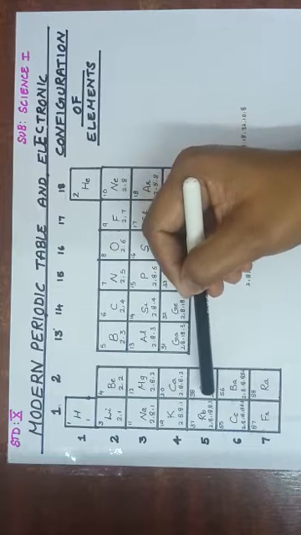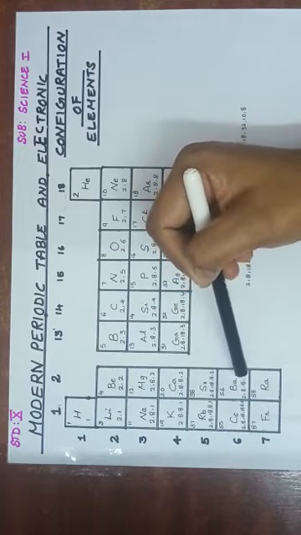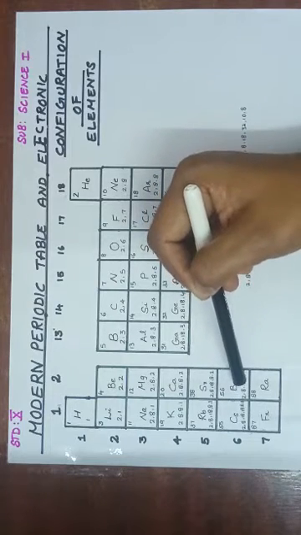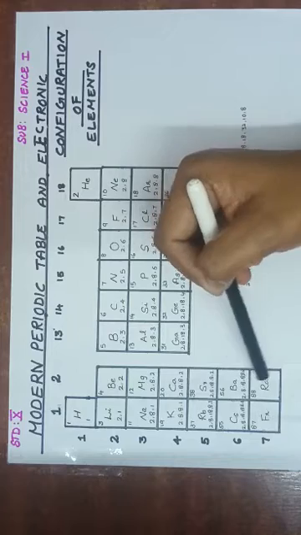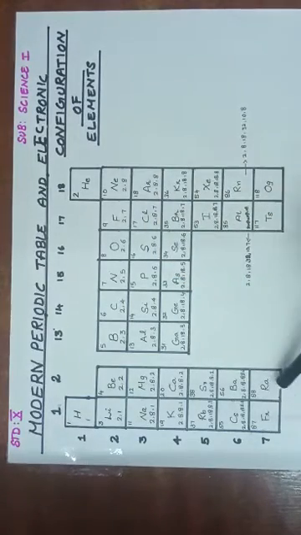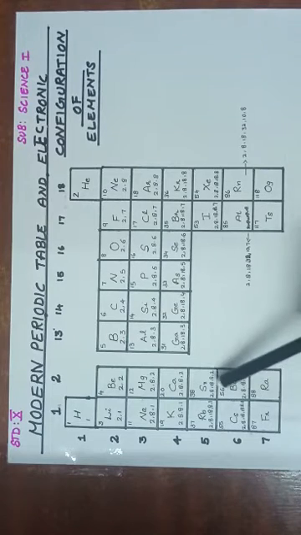The next element is 2, 8, 18, 8, 2. And the next element is 2, 8, 18, 18, 8, 2. The last element is a heavy metal, that is why I didn't write its electronic configuration. It is also similar to the previous ones.